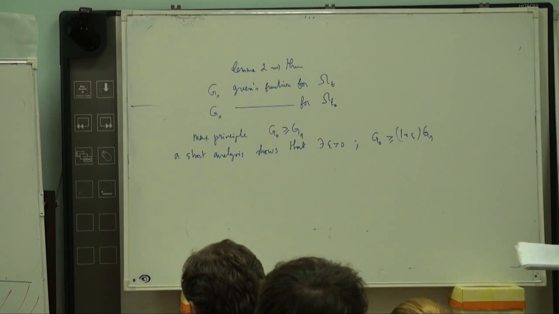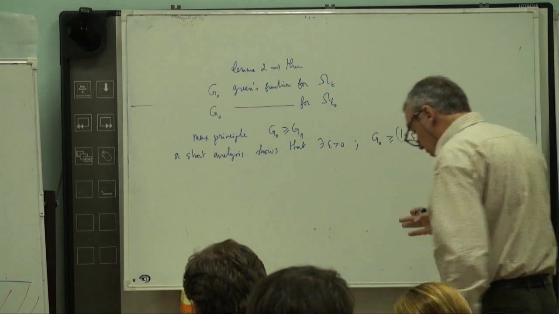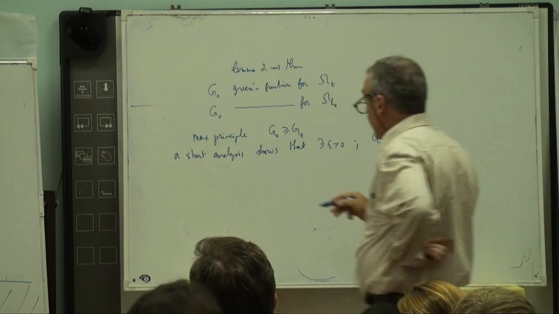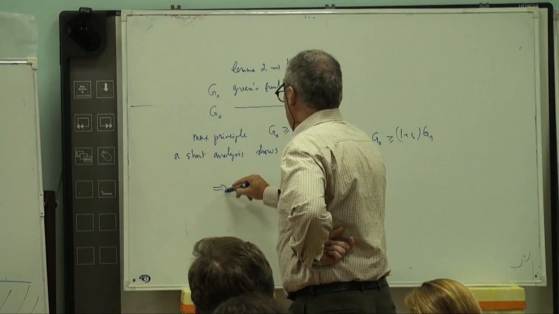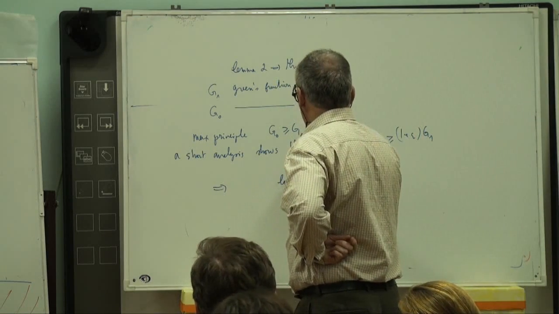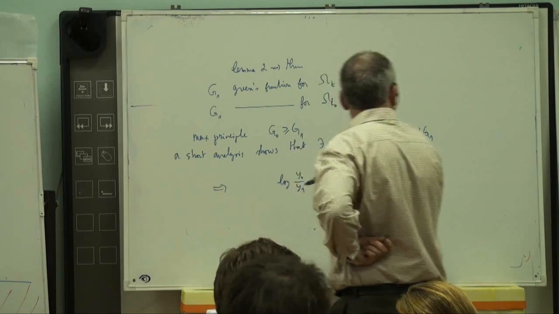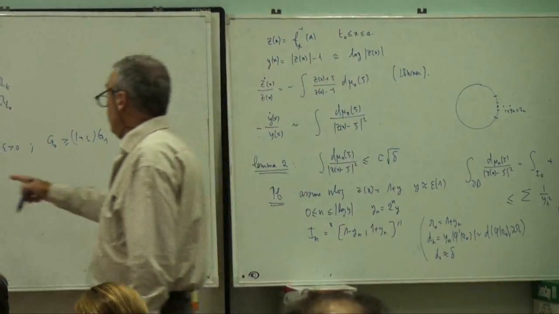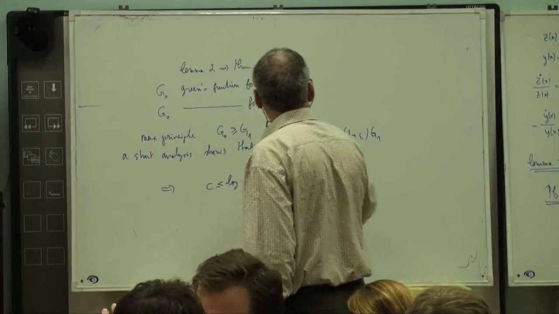This is not very deep, and now we are done, because this implies that if you look at log of y0 divided by y1, so we come back to here, this is greater than a constant c because of that.